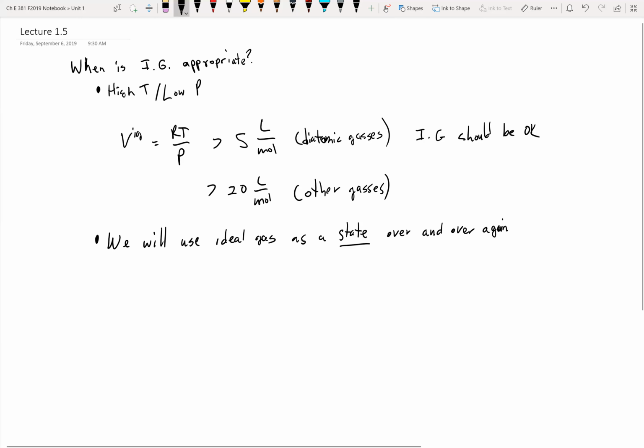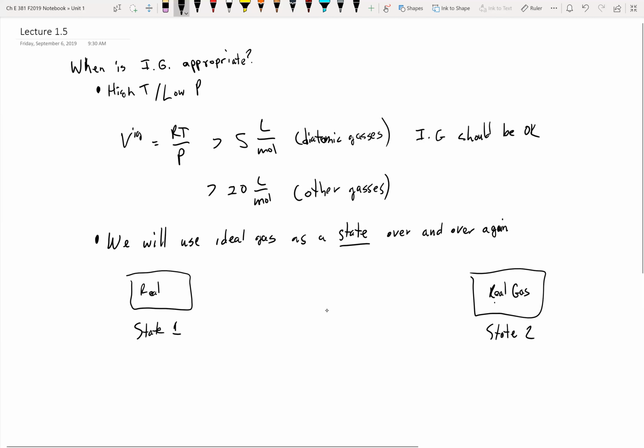So the general idea is we're going to have an initial state, and we're going to have a final state. And both the initial and final states might be real gases, or one side might be a liquid and one side might be a gas, but let's just say they're both real gases for now.